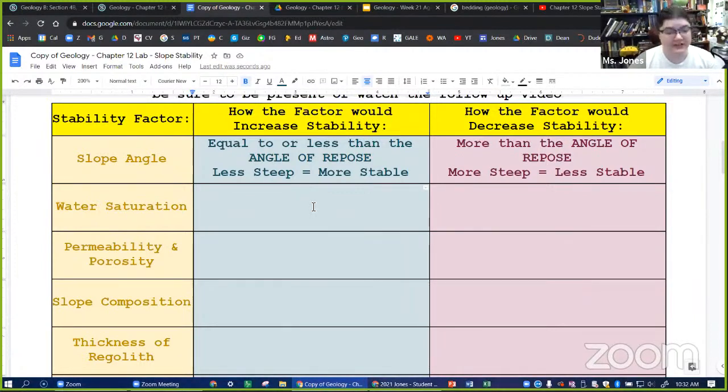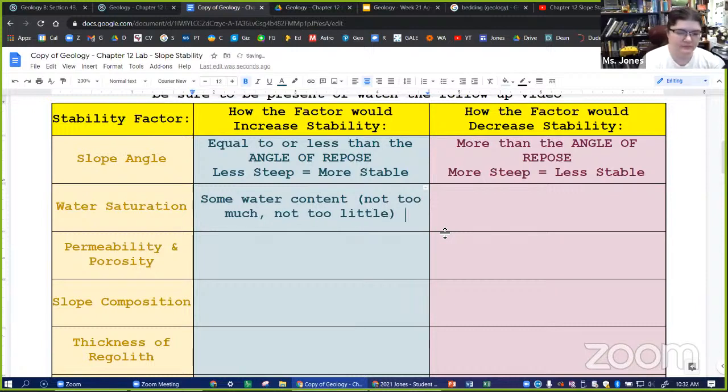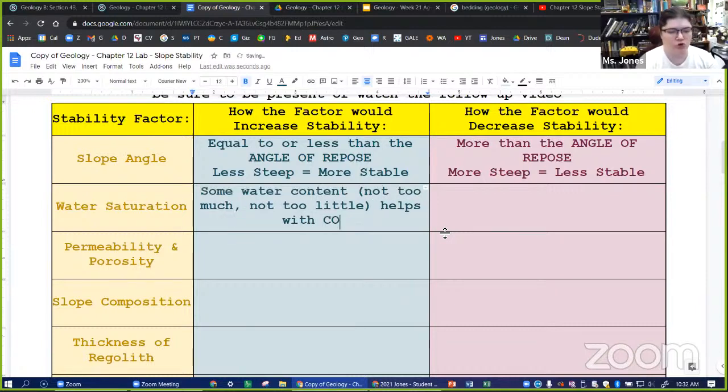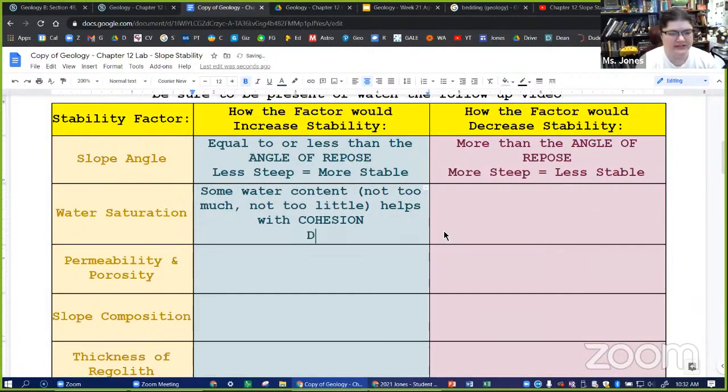All right, water saturation to increase stability. Some water content, not too much, not too little, helps with cohesion. Cohesion is the sticking together of the grains. So damp equals more stable.